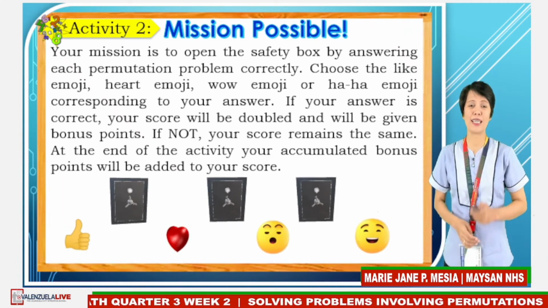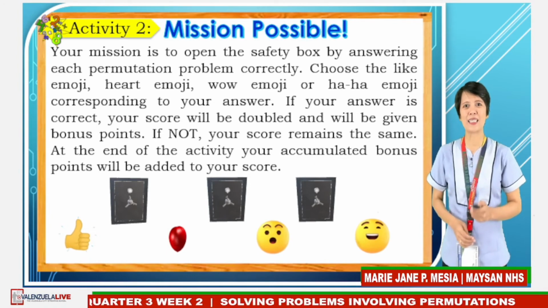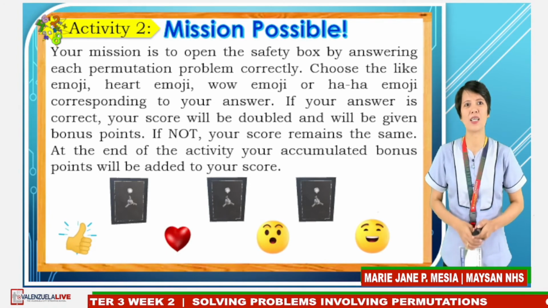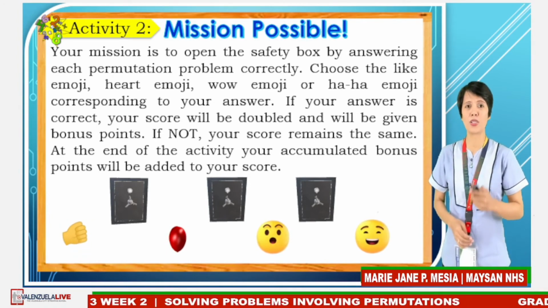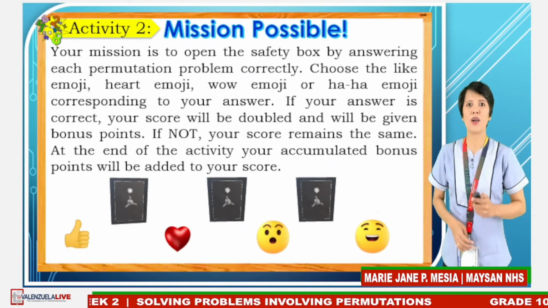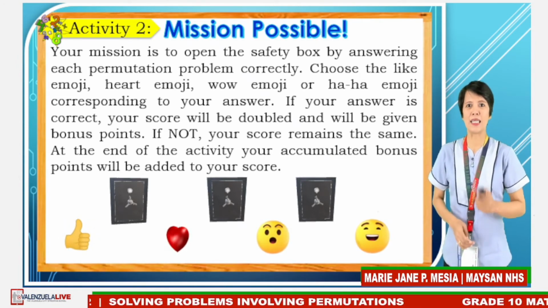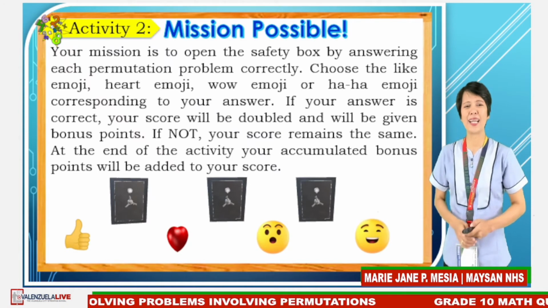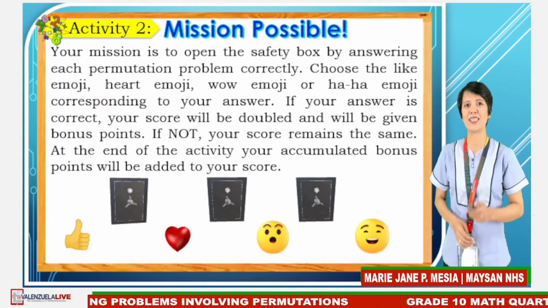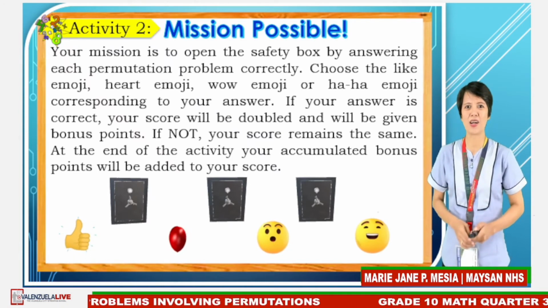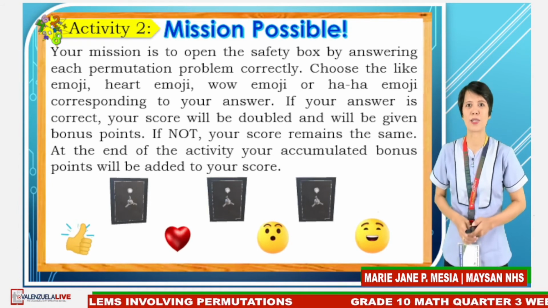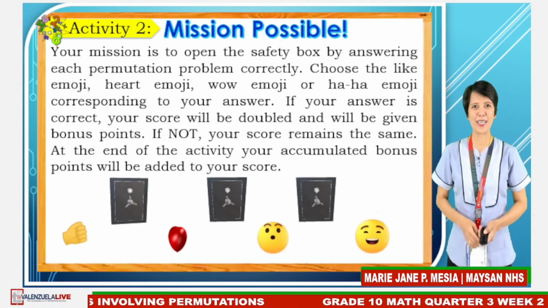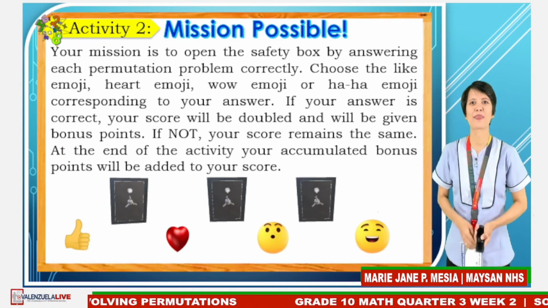If your answer is correct, your score in activity What's In will be doubled and will be given bonus points. If not, your score remains the same. At the end of the activity, your accumulated bonus points will be added to your score. You have 10 seconds to answer each question. Are you ready? So let's start.